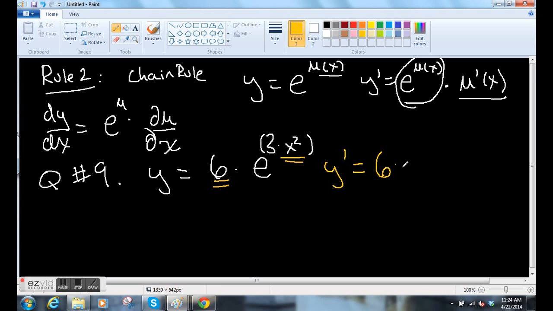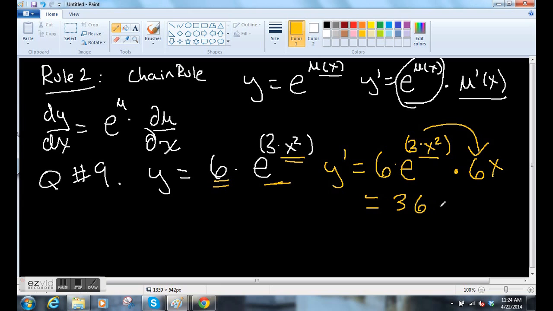First of all, you write the whole e to the exponent part, you just leave it unchanged, just copy it down. Now we take the derivative of the exponent, which is 6x. So our answer is 36 times e to the 3x squared.